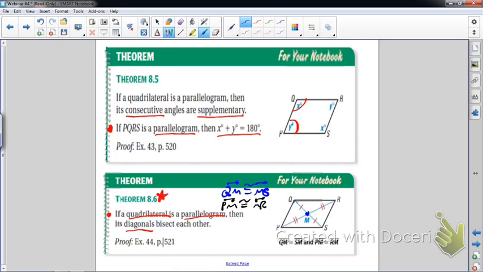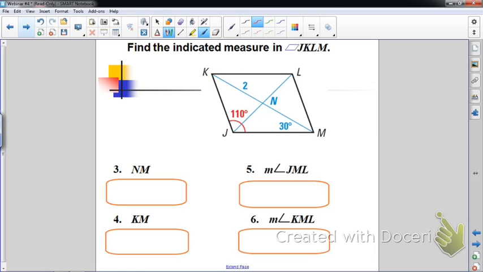So congruency means that they are the same. So this line segment is the same as this line segment, and this other line segment, they are congruent with one another. So keep that in mind, because we will use it throughout the whole unit. So here are some good basic examples, so that you can understand how to use the theorems themselves.